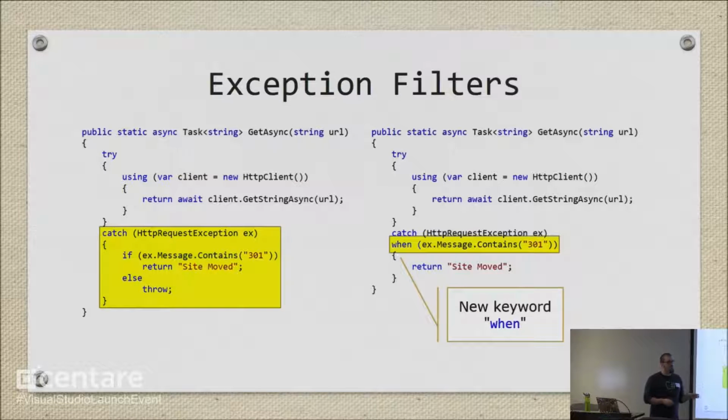The question was, if you have multiple catch statements, how do you apply a when statement to those, and are they chained? The answer is, it's a one-to-one relationship. For each catch statement of a specific type of exception, you can optionally have a when clause, and it applies only to that single catch.